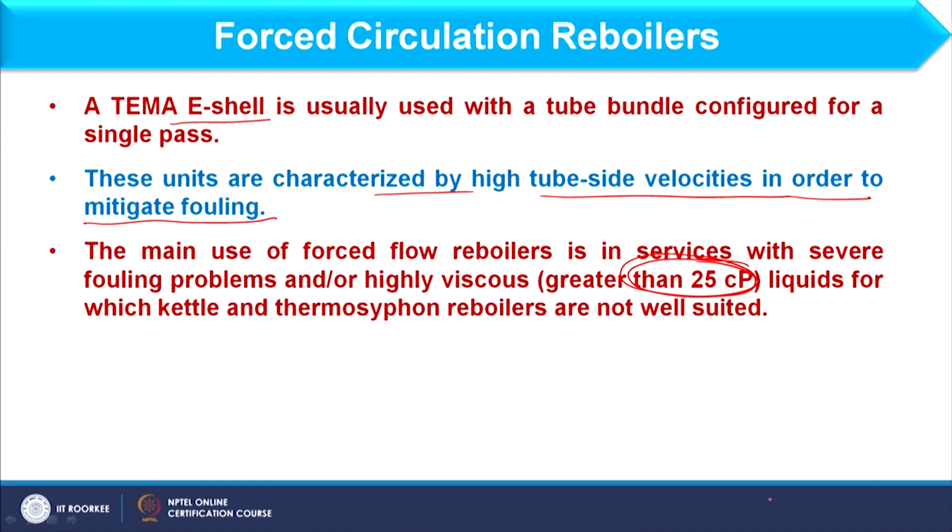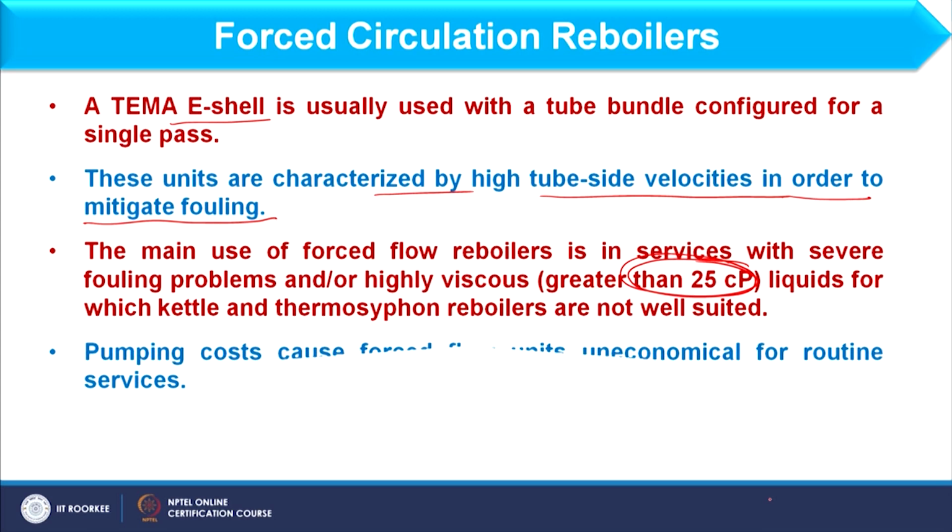Otherwise, we should use other reboilers, because when you are using the pump it gives extra cost. So, for each purpose such type of reboiler utilization becomes uneconomical. So, that you have to keep in mind.